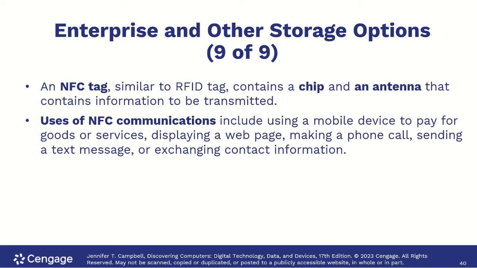NFC communications include using a mobile device to pay for goods or services, like Apple Pay, displaying a web page, so you scan something and then your web page is displayed, making a phone call, sending a text message, or exchanging contact information. And also your home key: more advanced apartments or houses can use an NFC enabled key.